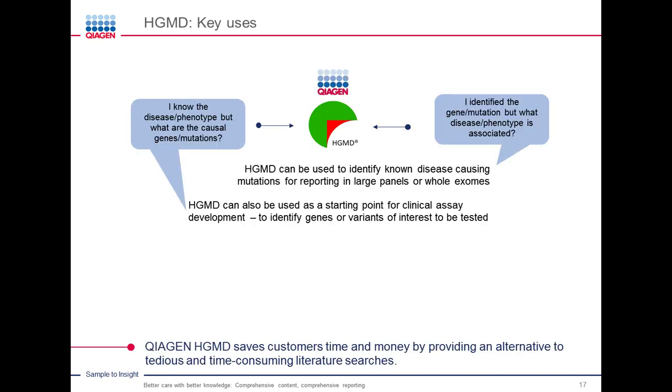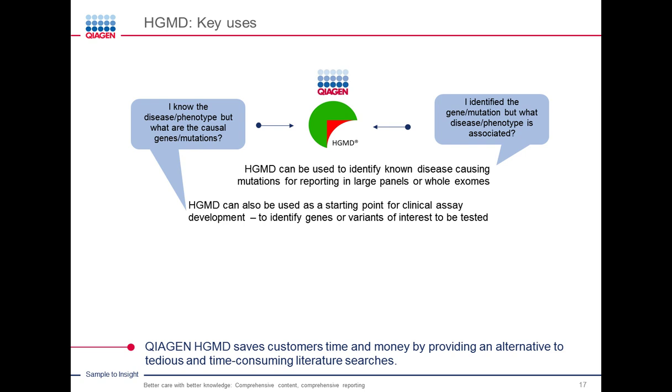How do people use HGMD? Well, typically there are 2 ways they approach using HGMD. Number one is if they know the disease or phenotype, but want to understand what genes or mutations are affected.